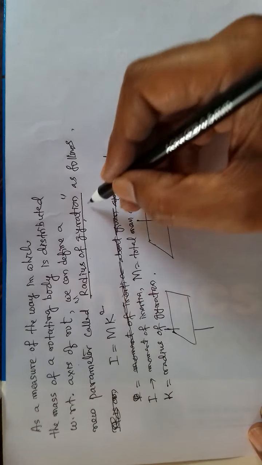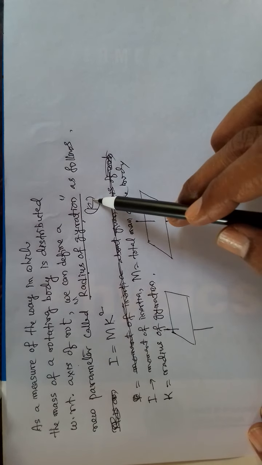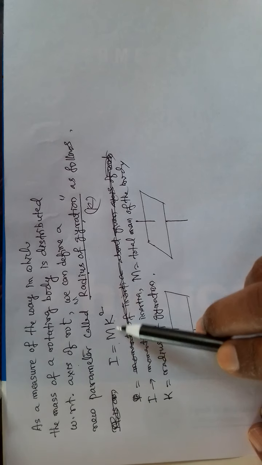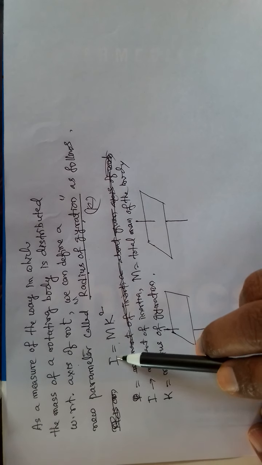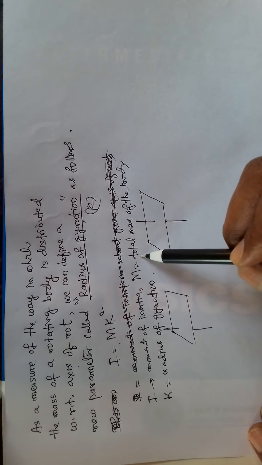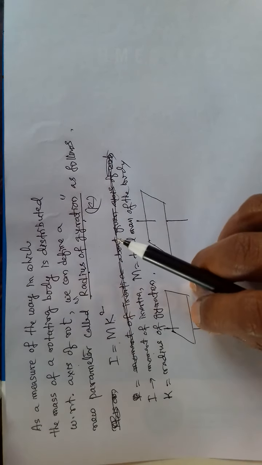It is represented by K, and it is related to moment of inertia this way: I is equal to M K square, where I is moment of inertia, capital M is the total mass of the body, and K is the radius of gyration.